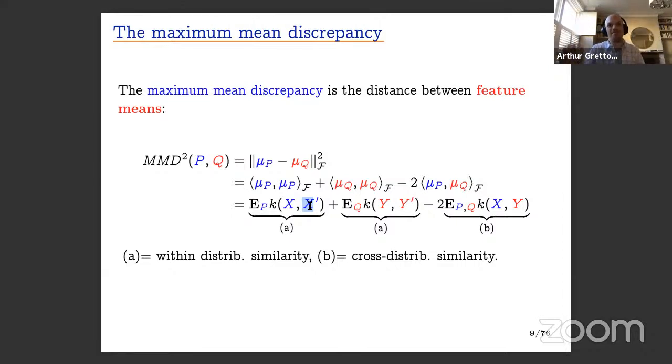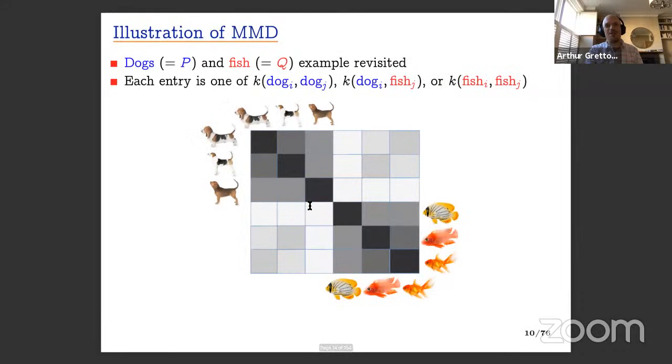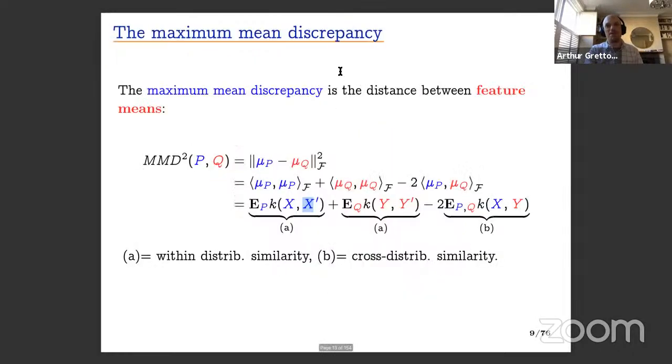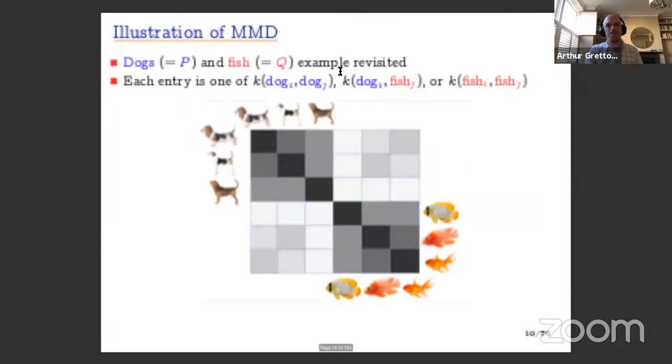Okay, so now let's look how this appears when we return to our example from the beginning of the talk. So I have, let's say, 3 dogs drawn from P and 3 fish drawn from Q, and I want to compute the quantity from this slide using these objects. So using samples from P and samples from Q, I'm going to make a big table where each of the squares in this table is the kernel between one pair of objects.